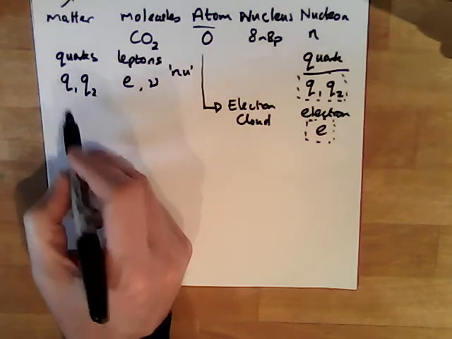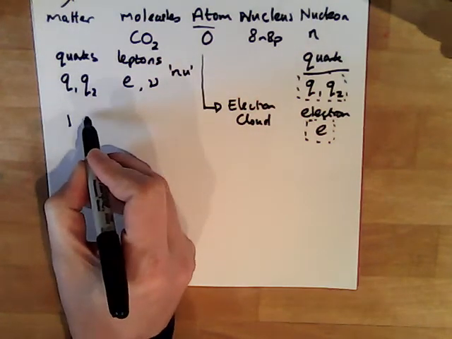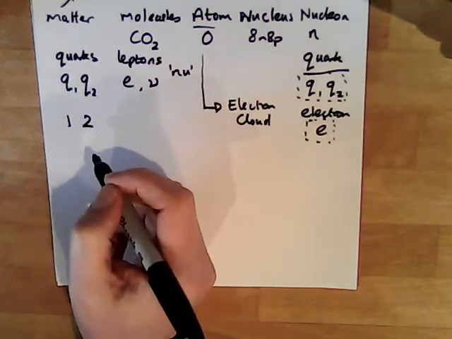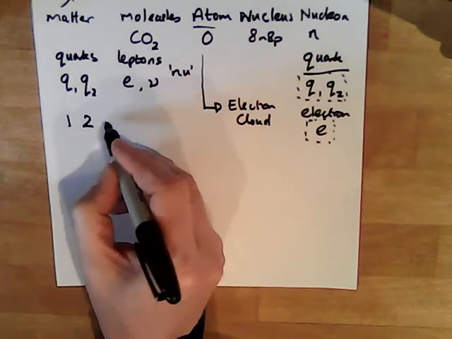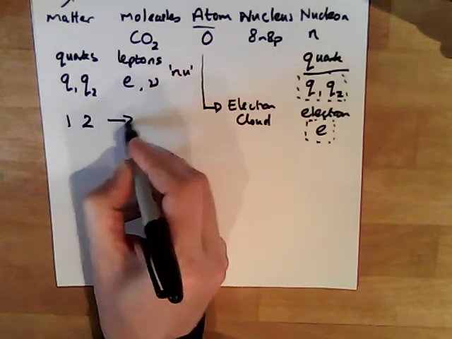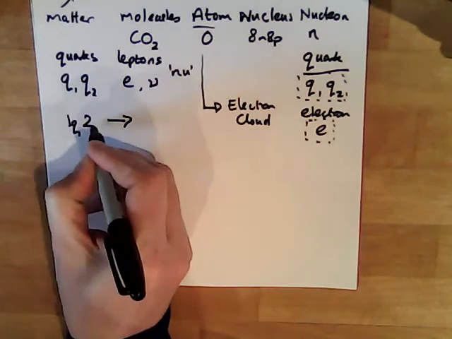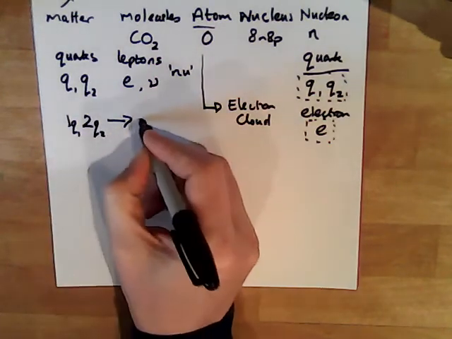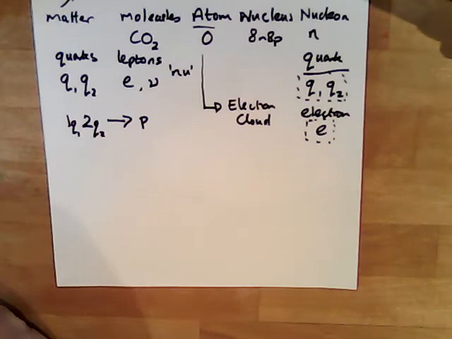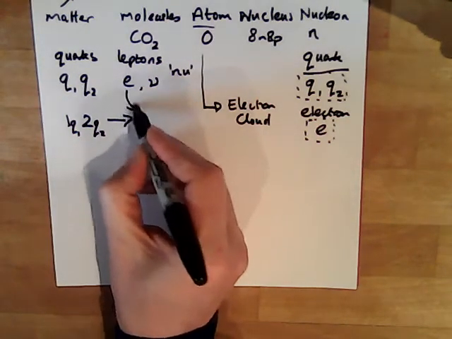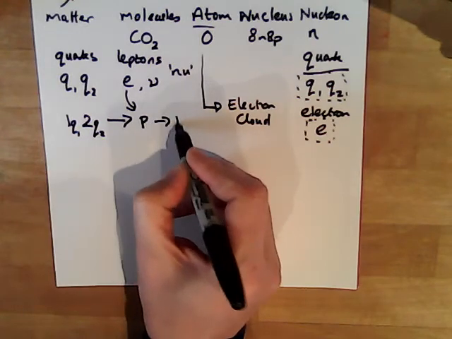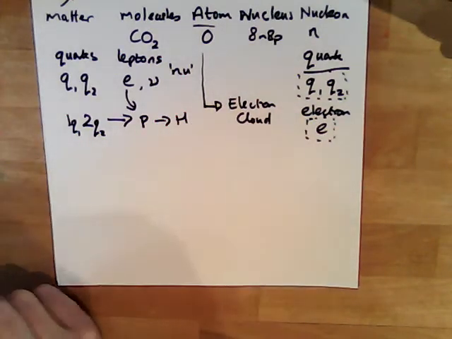If I were to take, say, 1 of that type of quark and 2 of that type of quark, put them together, so 1 times quark 1, 2 lots of quark 2, I might make a proton. If I take an electron and add that to my proton, I have a hydrogen atom.